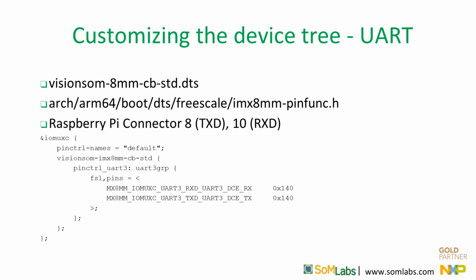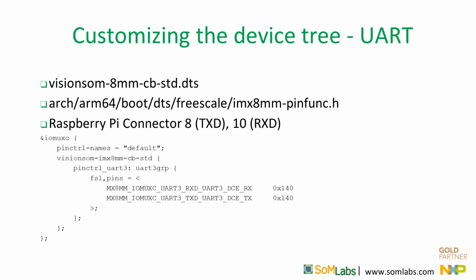The changes for the UART have been made in the I.MX8M CB STD DTS file and are divided into 2 main parts. First, the RX TX pin definitions were added according to the macros available in the I.MX8M pinfunc H file. The values on the right define the setting of, among others, the pull-up, pull-down resistors inside the CPU and should be verified with the I.MX8M Mini reference manual.